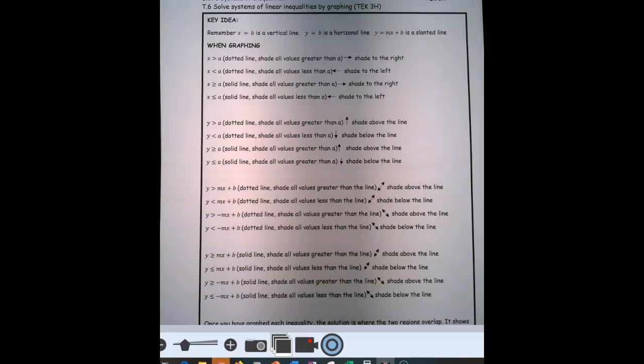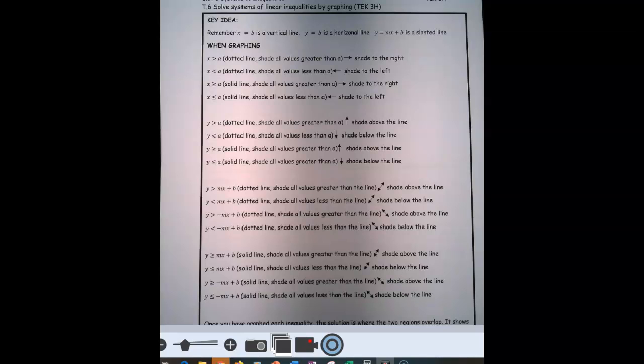It's either going to slant from left to right as you read, like rising from left to right, or it could be falling from left to right. But you always read from left to right when we're talking about slope-intercept form, and there's some type of slant to that line.